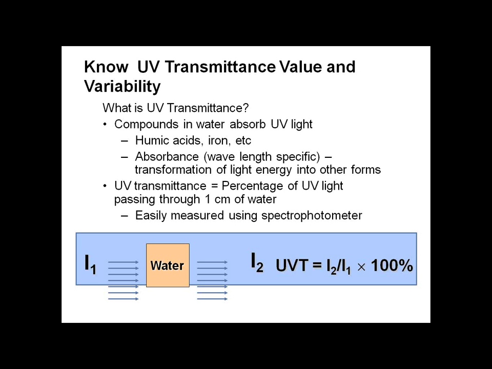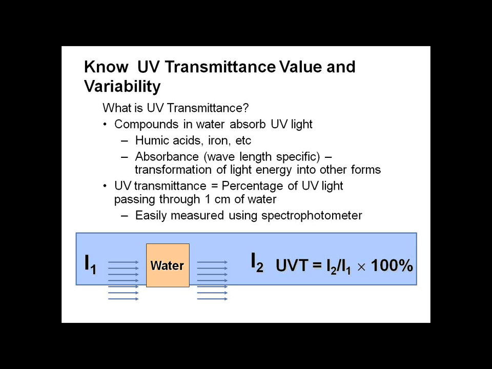Generally, when we measure it, it's actually absorbance, so we essentially convert absorbance to transmittance through a mathematical formula. We're looking at the UV light passing through 1 centimeter of water. That's the definition.